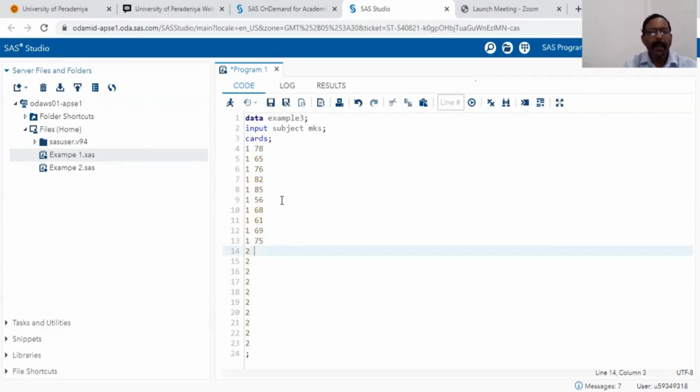The second subject marks, again 10 students, randomly taken.